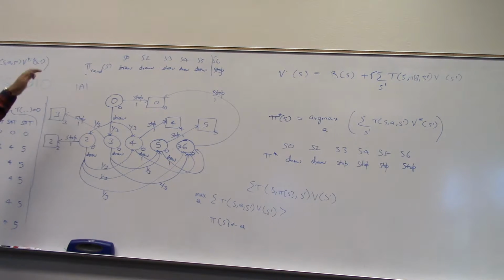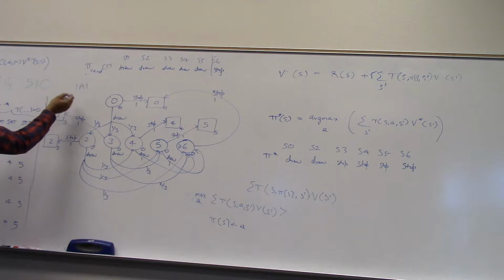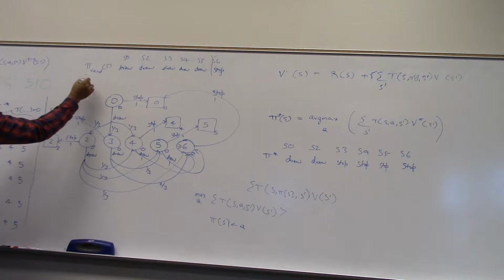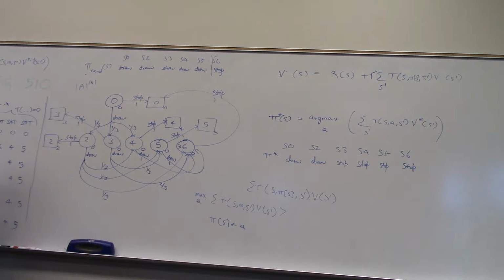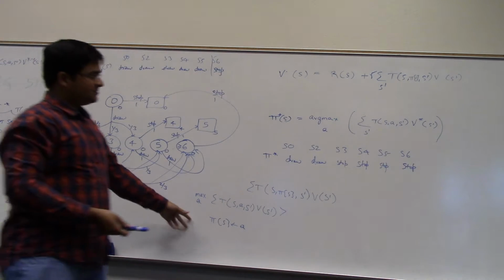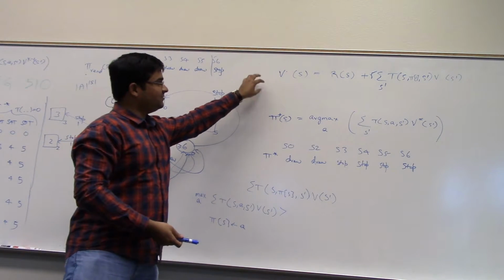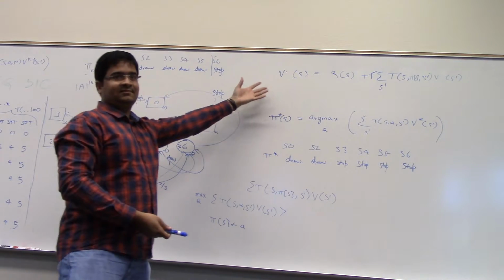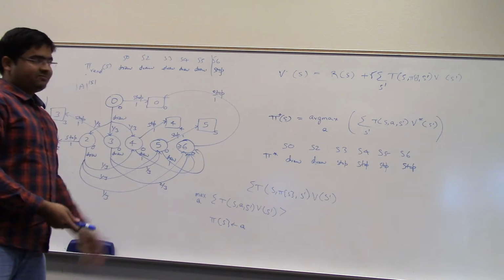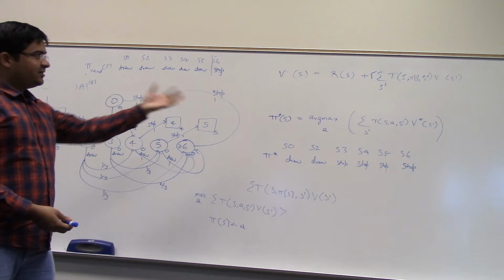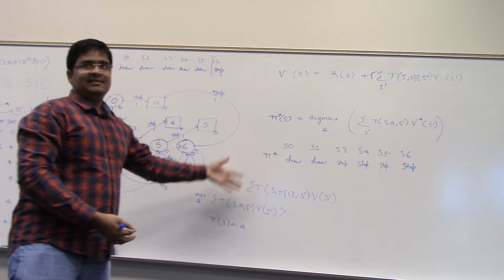So this is a finite space, which is A power S. Okay. So the only tricky part is, to do it on the board, you have to do it multiple times. But when you actually code it up, this may actually take less time than this.